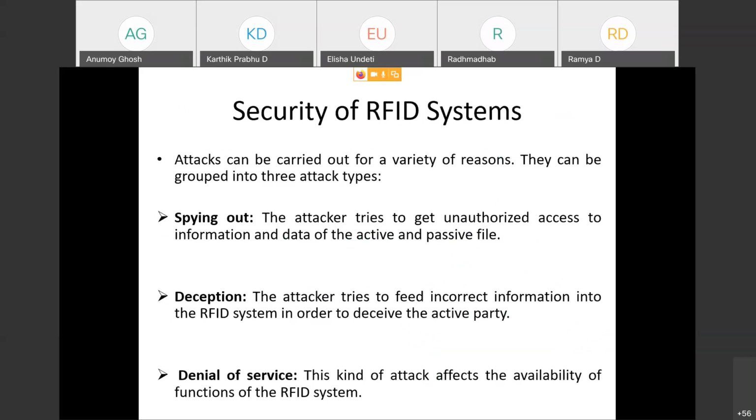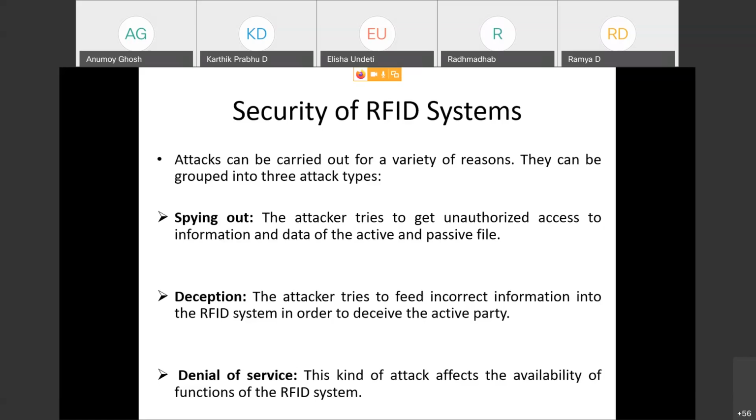Let me take an example of a toll tax. Suppose a toll tax controller is connected to, say, 10 RFID readers through middleware, and thousands of cars are passing through in a day. Lakhs of cars are passing in a busy toll tax region.